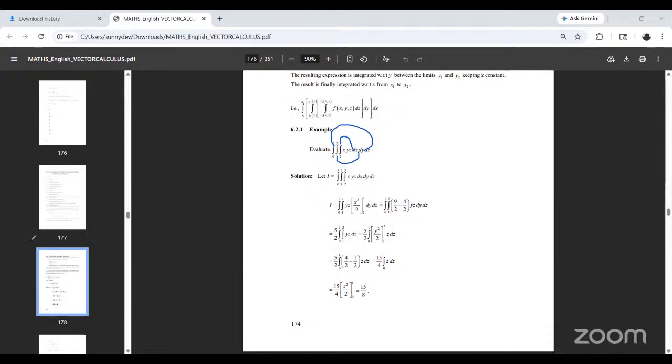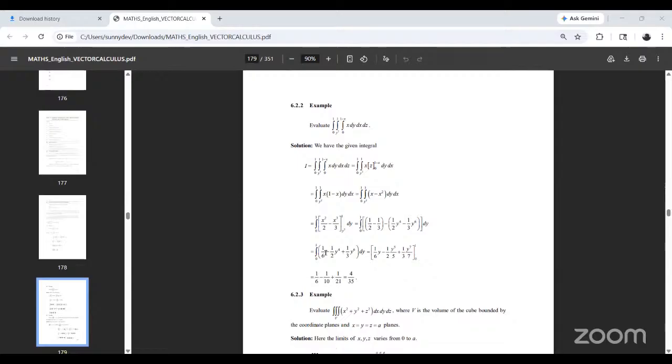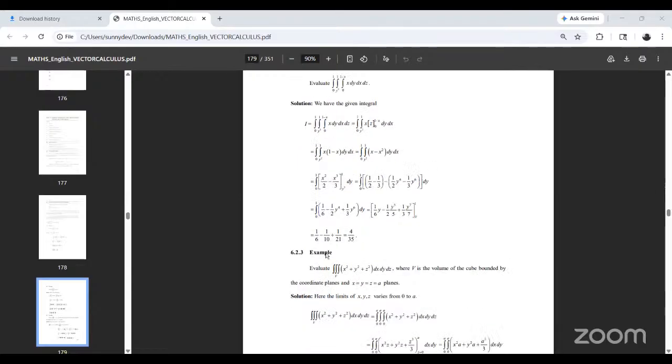Okay, next see here, one more. Evaluate 0 to 1, y squared to 1, and 0 to 1 minus x, dy dx dz.